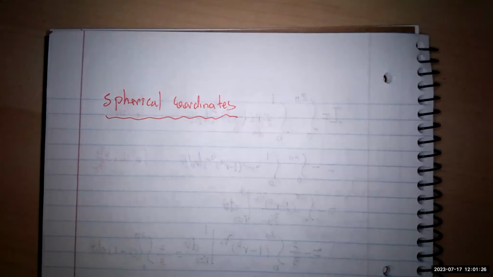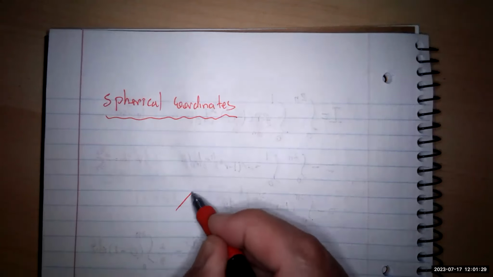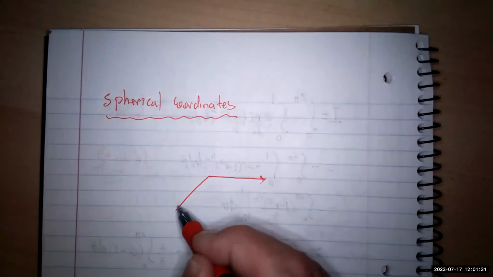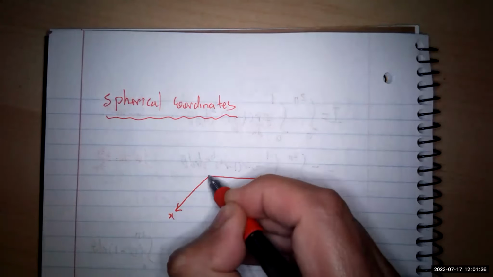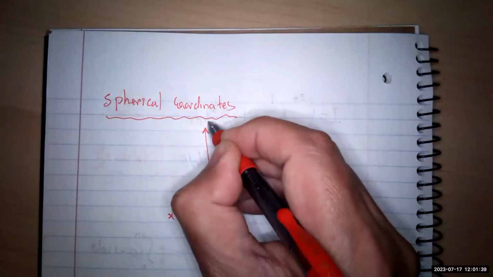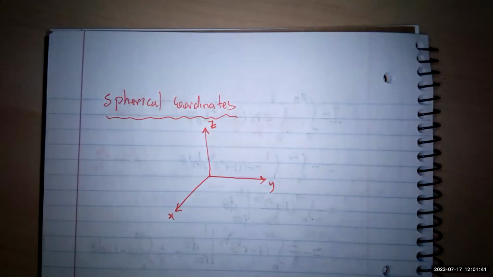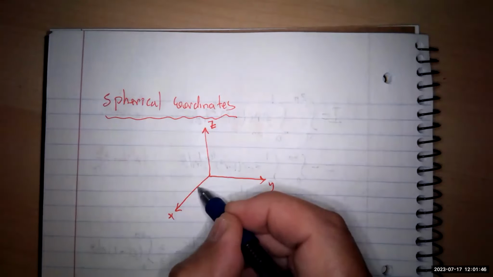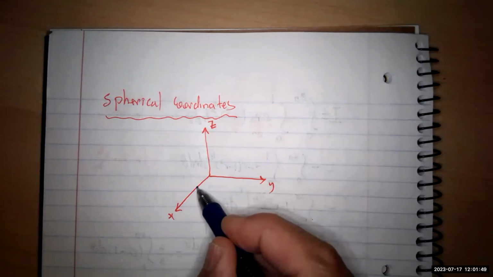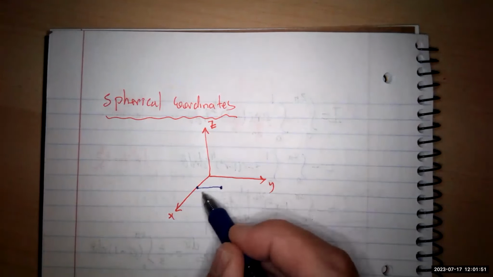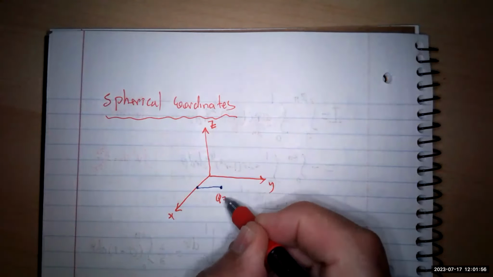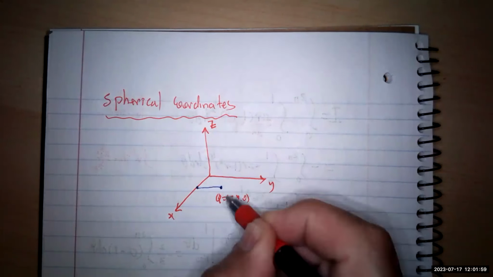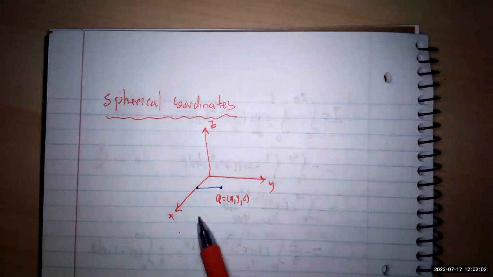If these are the x, y, and z coordinates, then for the cylindrical one, we pick a point. That was the x. Then we get the y. Then this point was the one that we call Q, which is x, y, and 0, so it is in the xy plane.